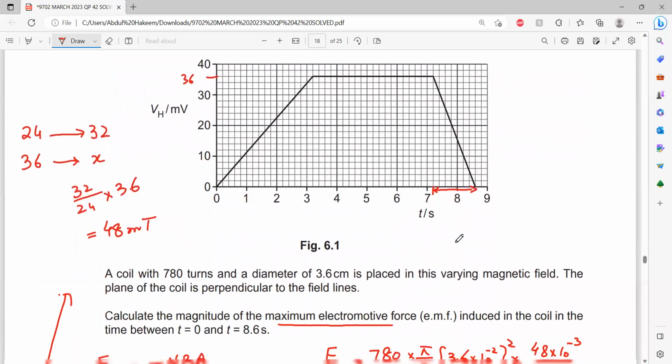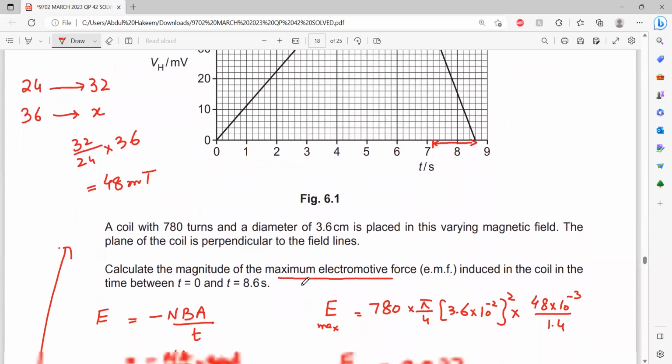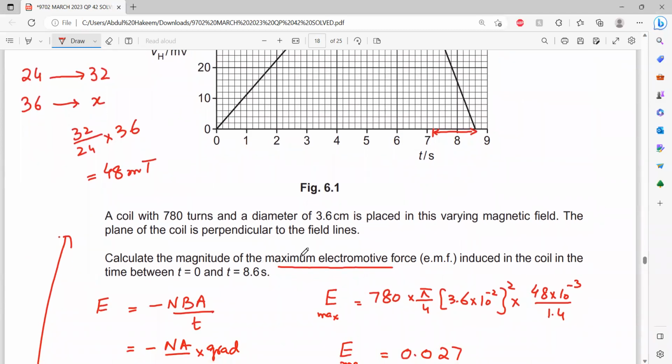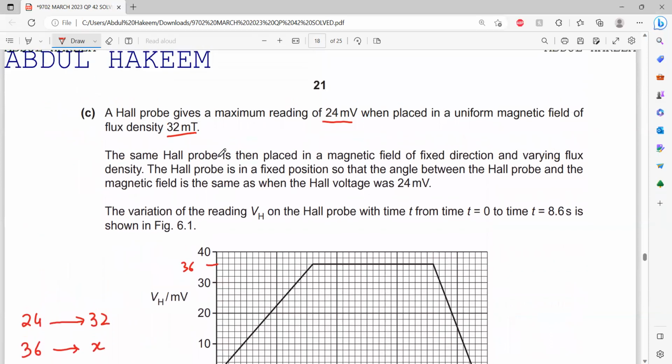Now the question is, a coil with 780 turns and a diameter of 3.6 centimeters is placed in a varying magnetic field. The plane of the coil is perpendicular, meaning the angle is 90. Calculate the magnitude of the maximum EMF induced in the coil between 0 and 8.6. First, the Hall voltage produced here is 36. We have the information that if the Hall voltage is 24, the magnetic flux density is 32.